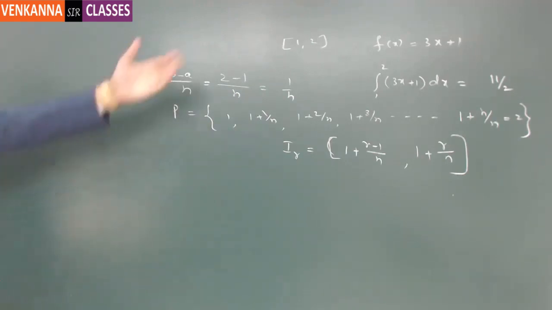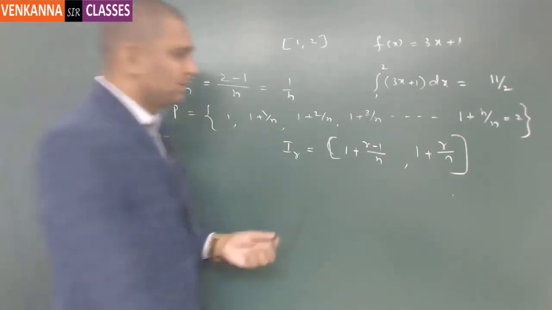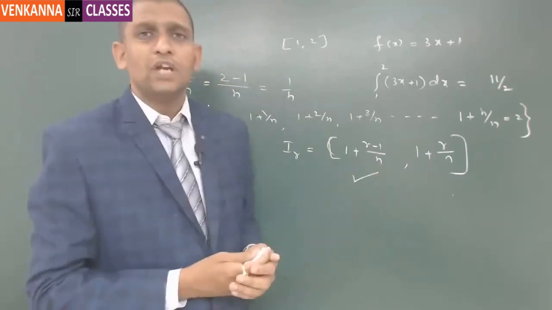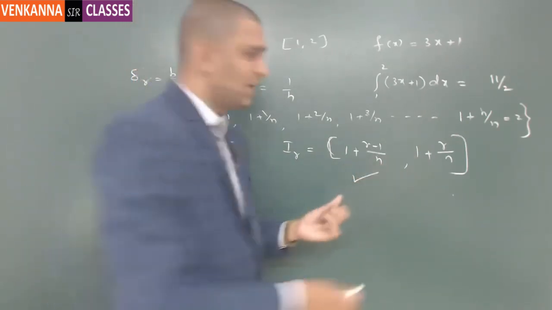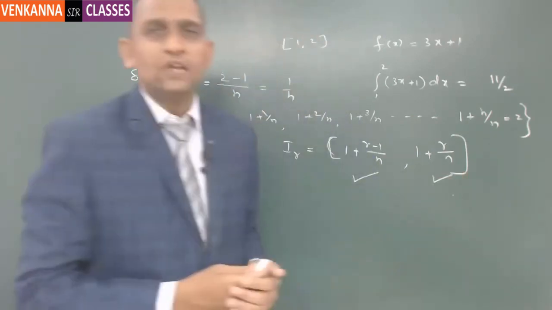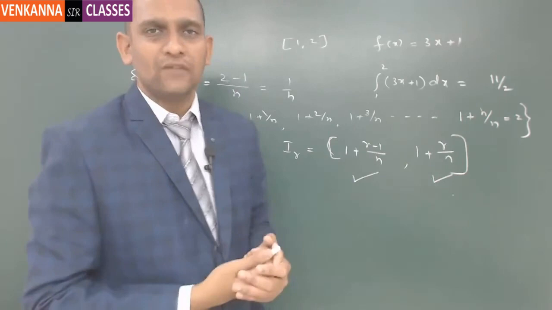Now if you observe the function 3x plus 1, is it increasing or decreasing, if you substitute the values one after the other from 1 to 2? Whenever you take a subinterval, the first point will give the infimum value of the function over the interval, and the last end point will give the supremum value of the function over the subinterval.